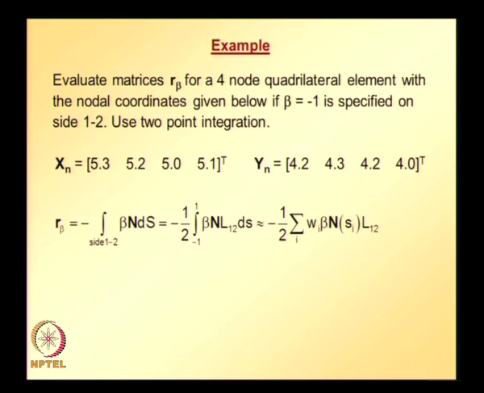Now, r beta is evaluated using this formula, for which we require the shape function vector along side 1 2, as we already discussed. The shape function vector along side 1 2 is given by this, and the length of side 1 2 is also required, because the Jacobian is the length of side 1 2 divided by 2.